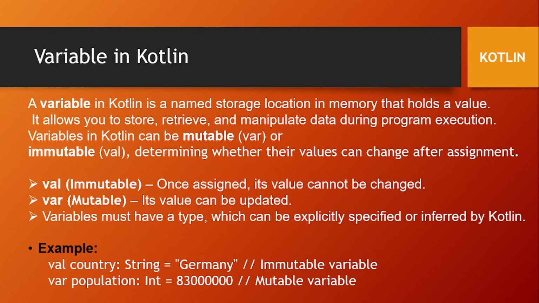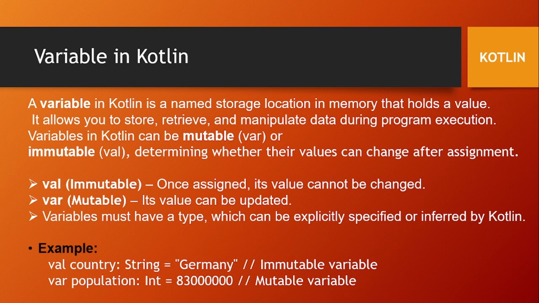So variables in Kotlin can be mutable or immutable. Mutable variables, for which we use the var keyword, are changeable. Once we assign a value to them, we can change it later on, in the next line. But for an immutable variable, for which we use the val keyword, we cannot change or update it in the next line or anywhere in our program.